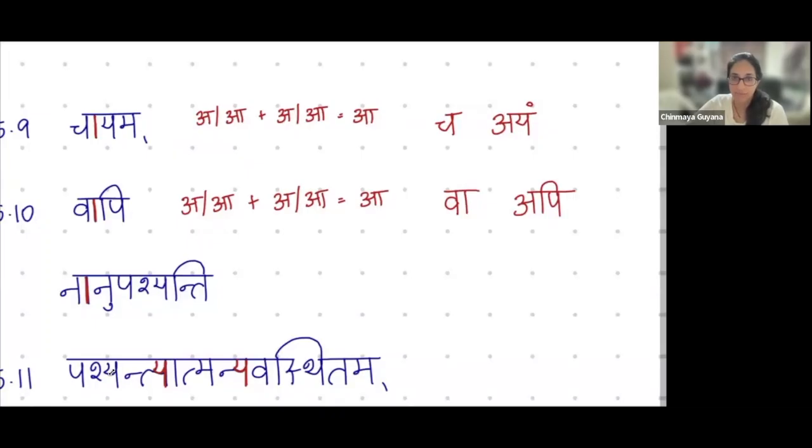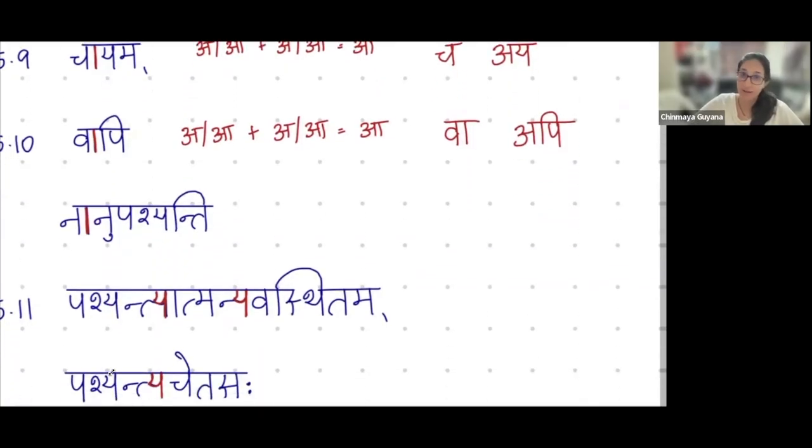Vā, api. Nānupaśyanti. Again, this ā. See how common the ā sandhi is? Now, everybody who mispronounces an ā, you see how important it is to get it right? It doesn't leave you. It keeps coming. Okay?